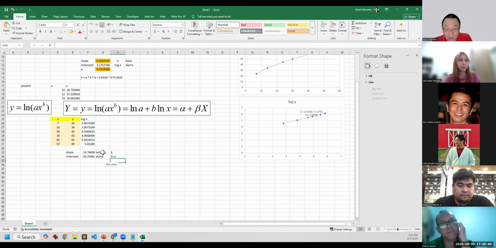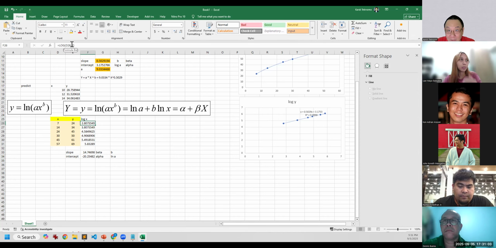What we want is not alpha and beta, what we want is a and b. So how do you get a? Do you remember? A depends on the base of the logarithm.